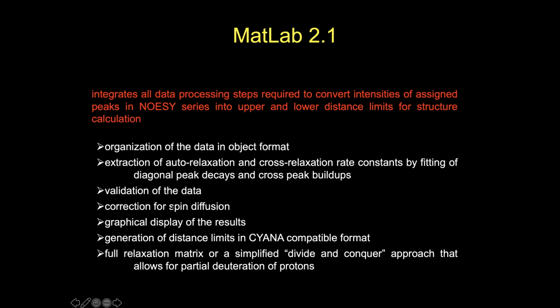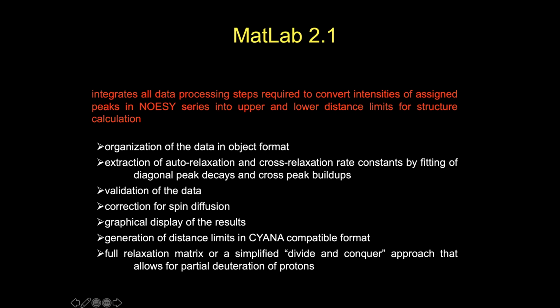As a matter of fact, we have two different approaches. Both of them have some advantages and disadvantages. We have graphical displays of the results. Then we generate directly the Cyana format of upper and lower distance restraints, the so-called UPL and LOL files.